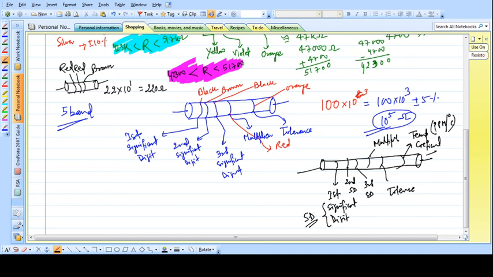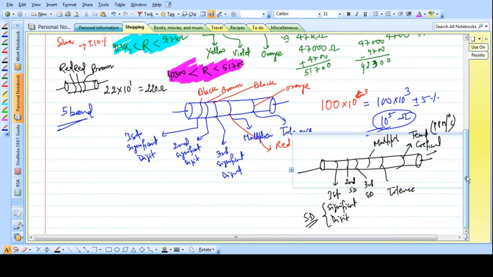This is one of the examples, and all are very similar to the very first 4-band. So you can encounter any resistance value in your lab or in your research by just looking at the different color codes. This is a very simple representation to identify the color code of a resistance.